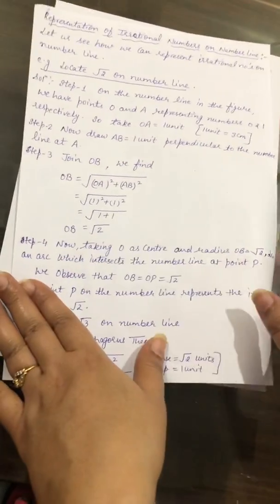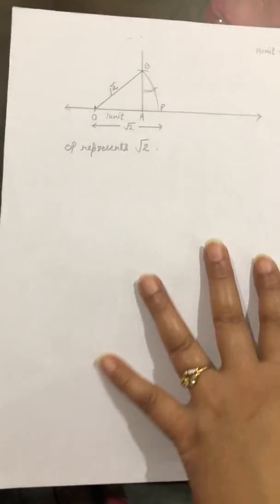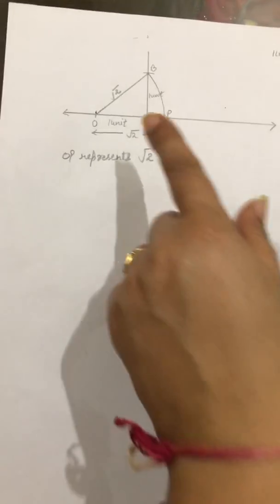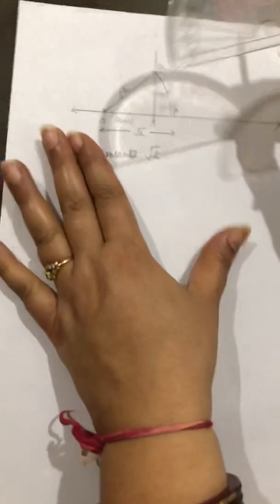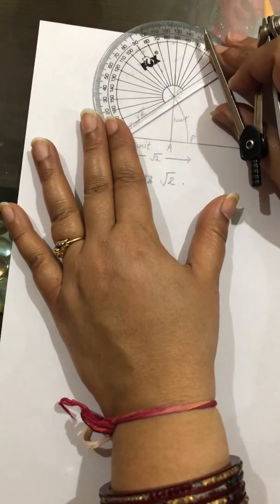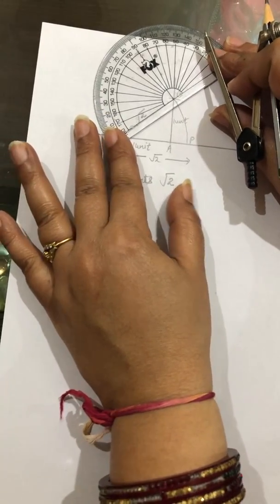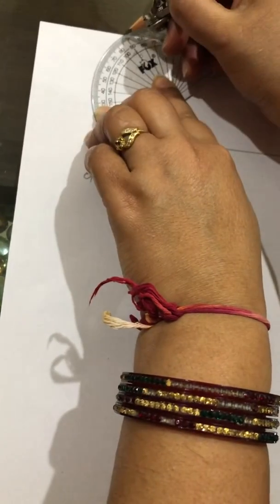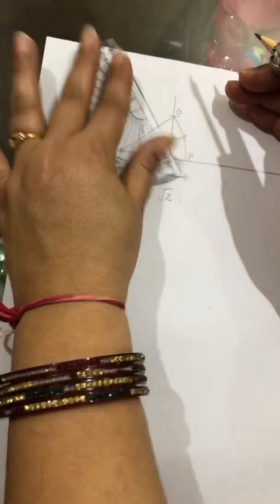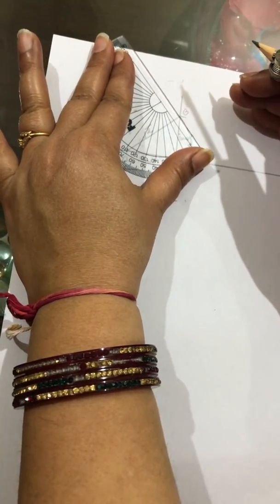So you can see for making root 3, we have to make root 2 first. So root 2 is already there. What you have to do is, you just keep your protractor at OB and draw a 90-degree angle just like this.